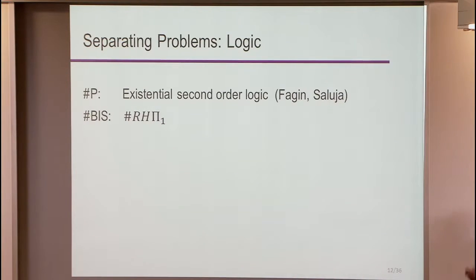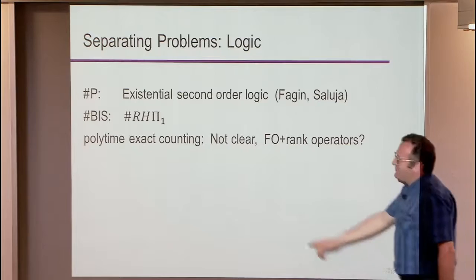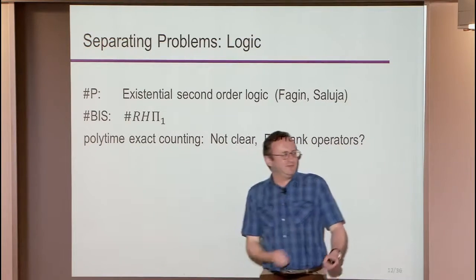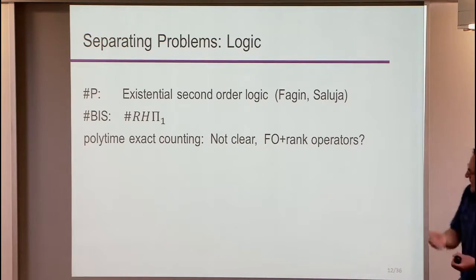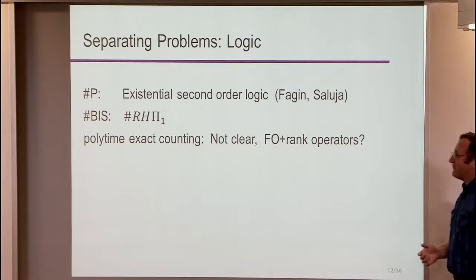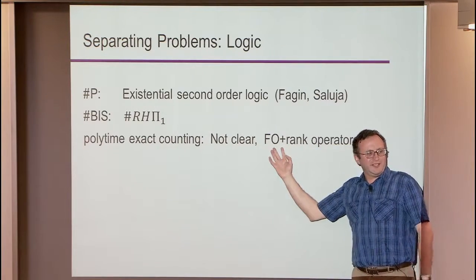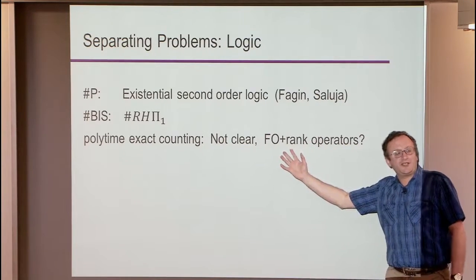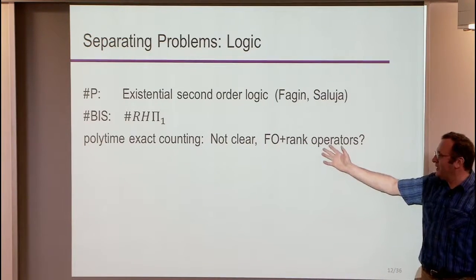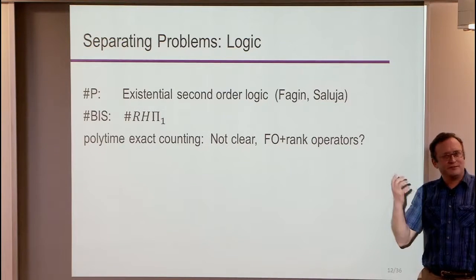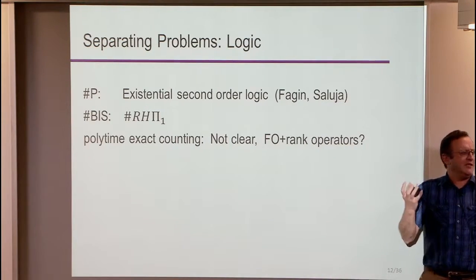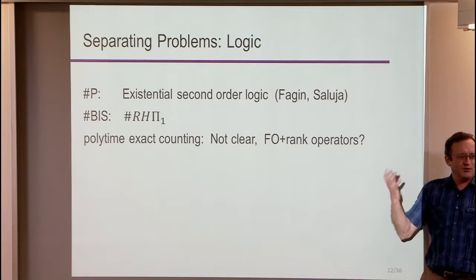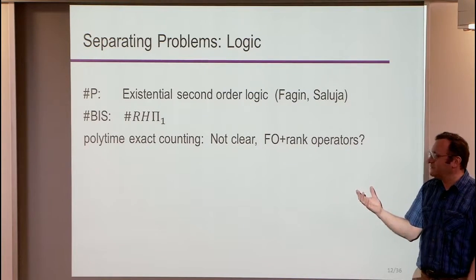Okay, this is an interesting thing. If you have problems solvable exactly in polynomial time, what is the logic for them? And actually, in logic itself, a very closely related question was of great interest. People were trying to express P, the class of polynomial time solvable problems, by a logic.